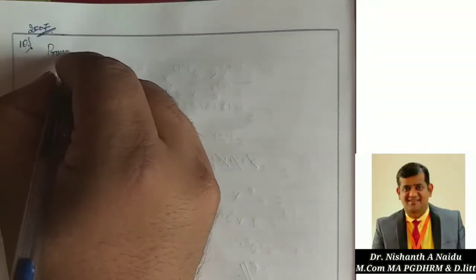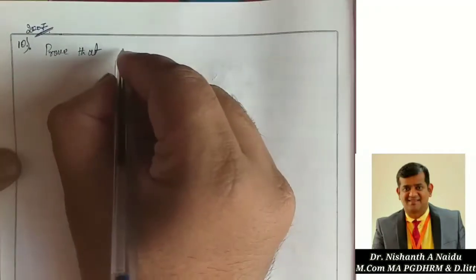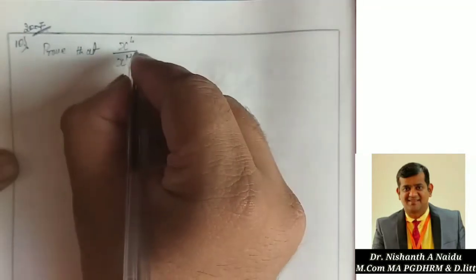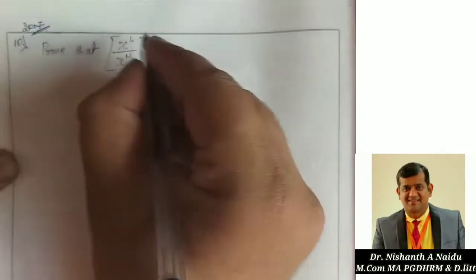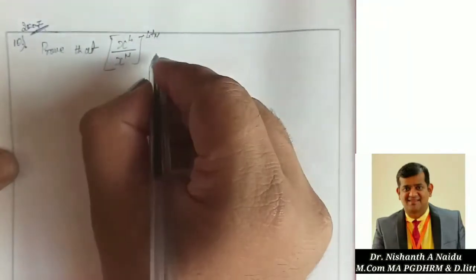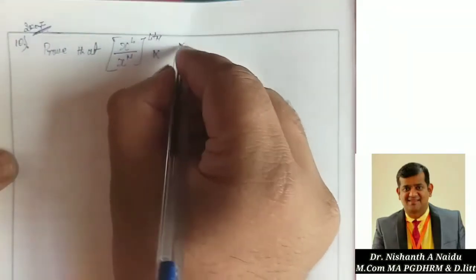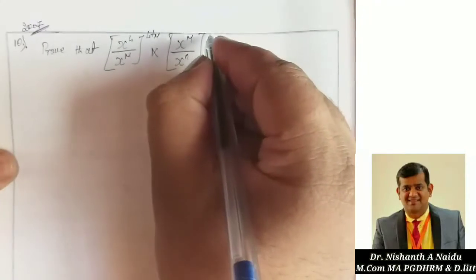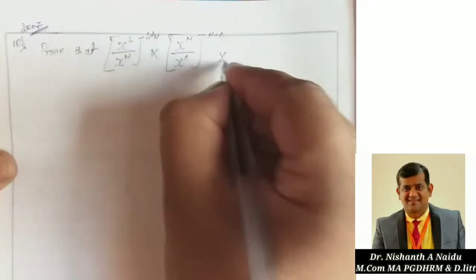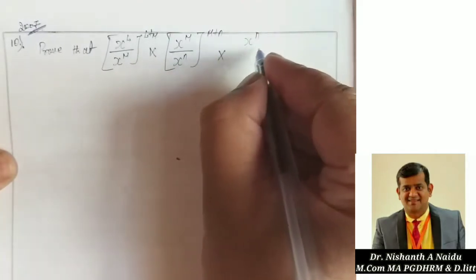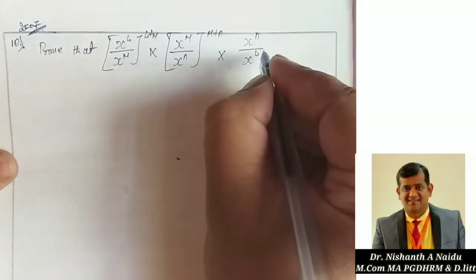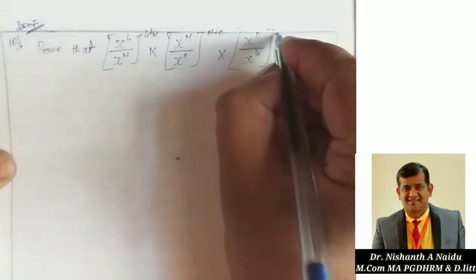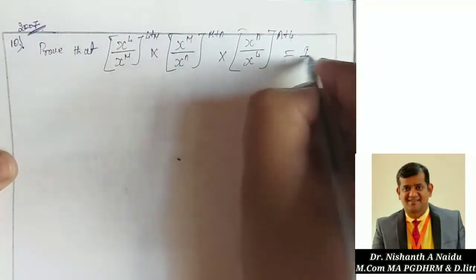So prove that x to the power l divided by x to the power m, whole power l plus m, into x to the power m divided by x to the power n, whole power m plus n, into x to the power n divided by x to the power l, whole power n plus l, equals 1.